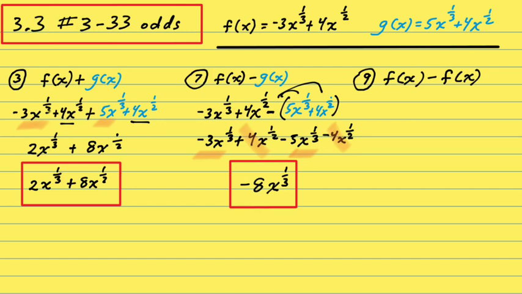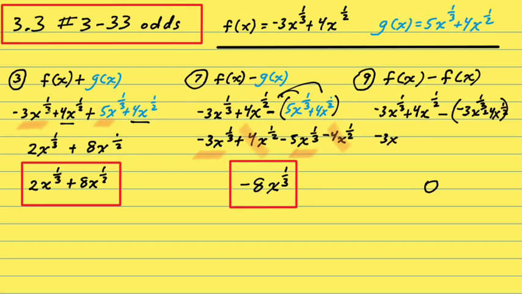So here I have f of x, which is negative 3x to the 1/3 plus 4x to the 1/2 minus itself. Hopefully you know that anything minus itself would give me a result of 0, but you could work it out if you wished.